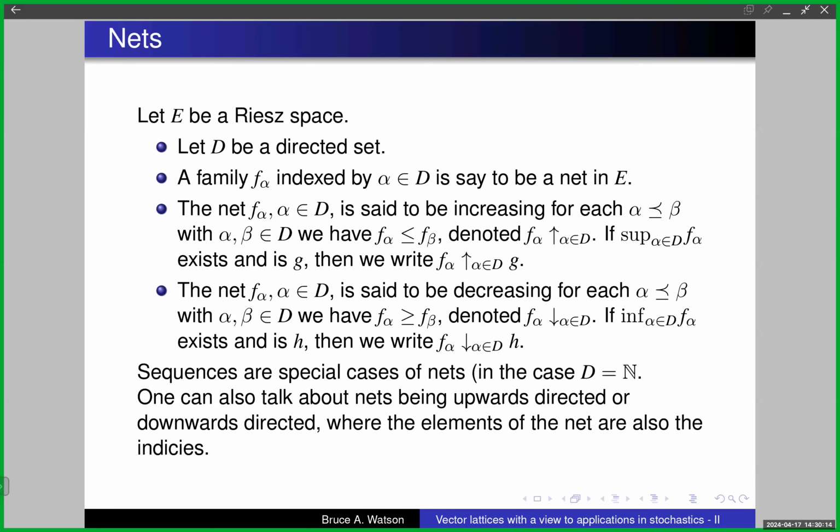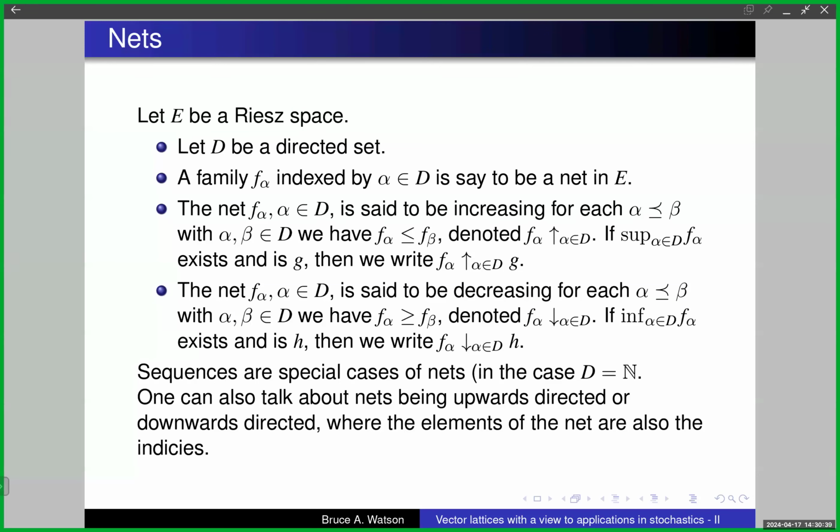One can also talk about nets being upwards directed or downwards directed, not just increasing or decreasing. This is when the elements of the net, in fact, in this case, we actually use the elements of the net or the elements of the object as the indices for the direction as well.